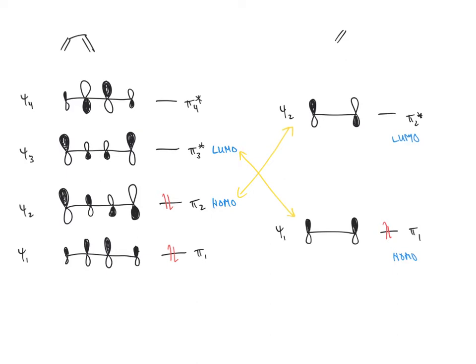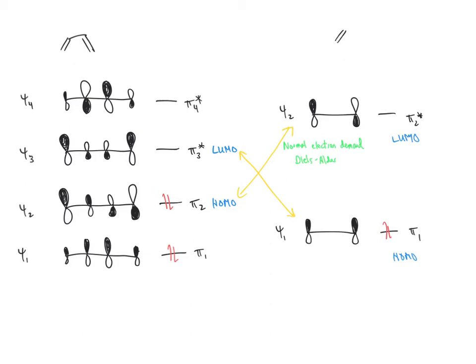And so the first one that we're going to talk about is the reaction of the HOMO of the diene with the LUMO of the dienophile. And that's what's known as a normal electron demand Diels Alder reaction.